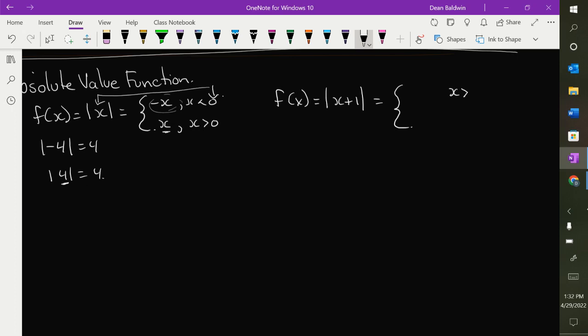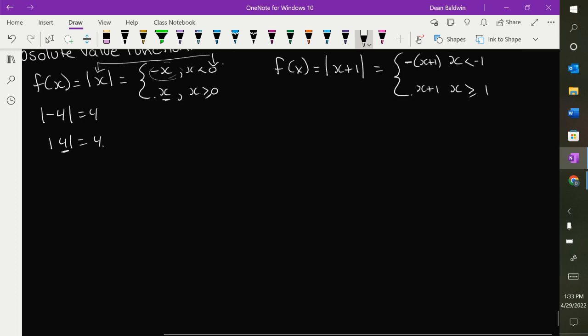So we're going to have x less than -1 on one side and x greater than or equal to -1 on the other. When it's less than -1, the negative part, it's negative x plus 1. And when you're greater than -1, it's just the function inside, x plus 1.